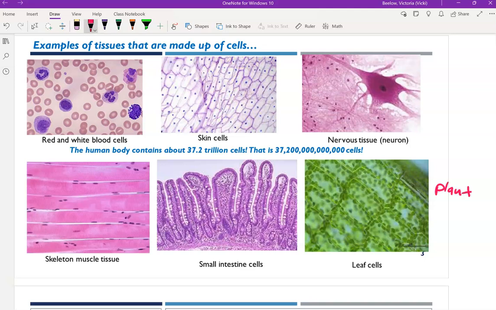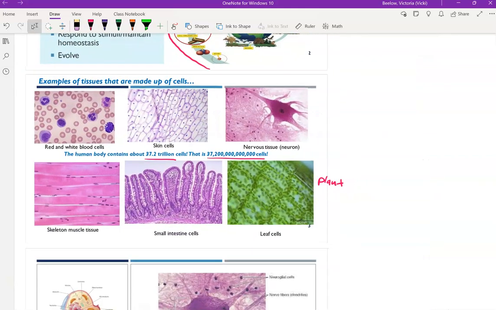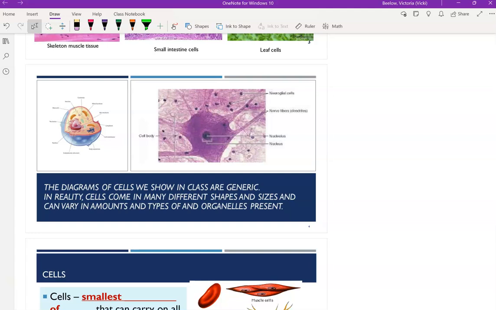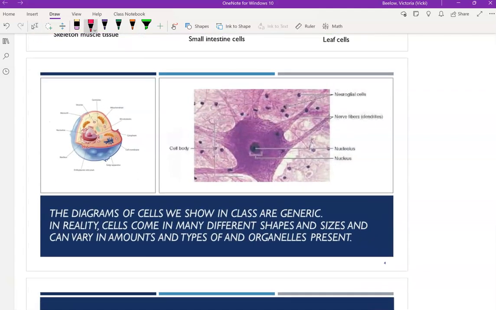We have leaf cells. And in humans, on average, because we're multicellular organisms, we have about 3.7 trillion cells, and that's what this number would look like, which is a lot of cells. But you could have something like a bacteria cell that is just made up of one cell and is still alive. Again, this diagram right here is generic.